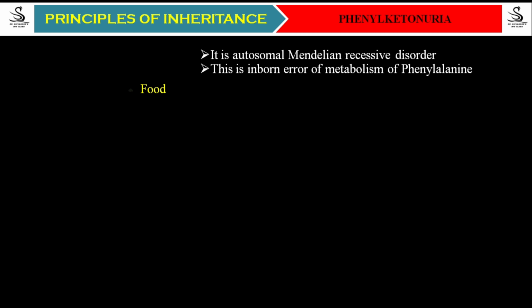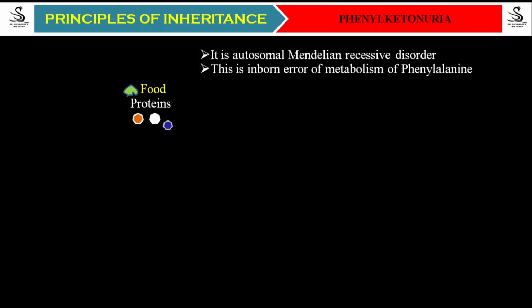Students, whenever we take food, that food contains carbohydrates, proteins, and even fats. But mainly, the problem is with phenylalanine. It is one of the amino acids, meaning it is a part of protein. So hence I have taken proteins here.